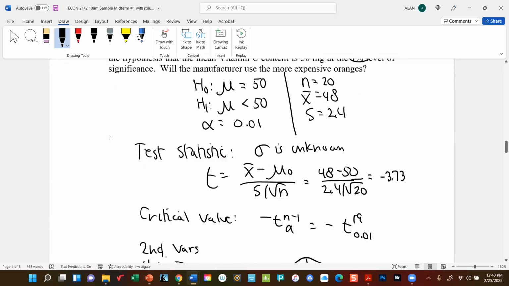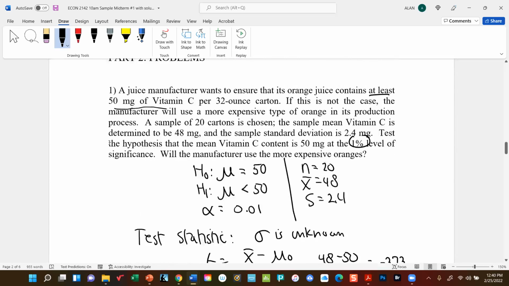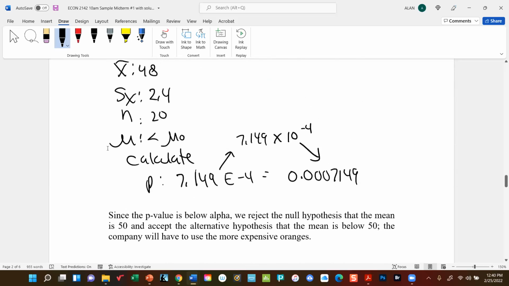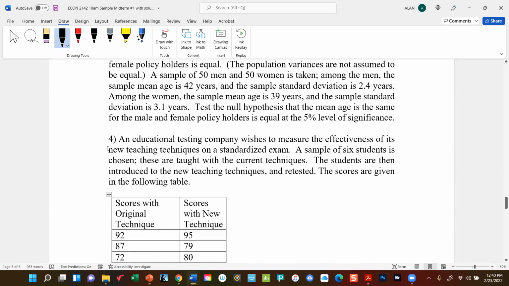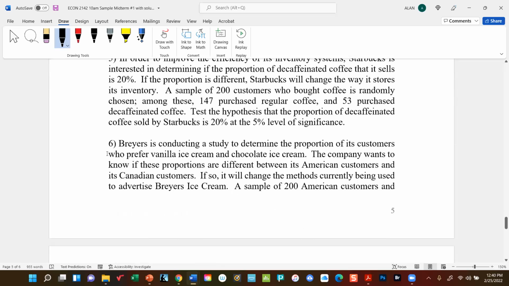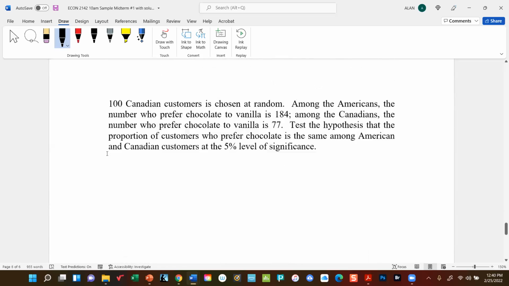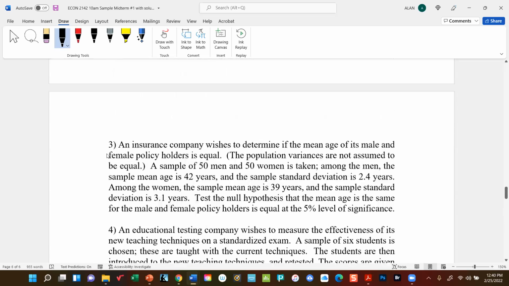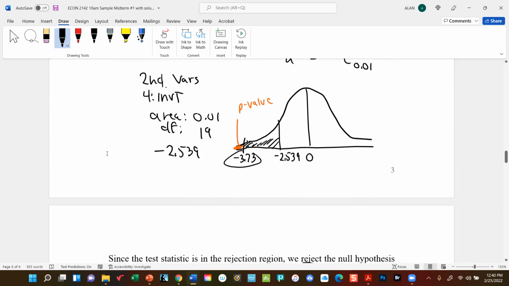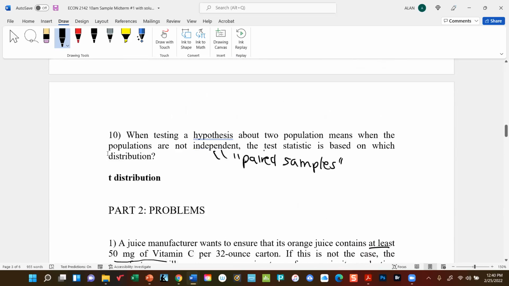So just be aware, the test itself will be very, very similar to what you're seeing here. If you can do these, you can do the test. You'll be fine. Just be careful to write out the steps and read the questions carefully.